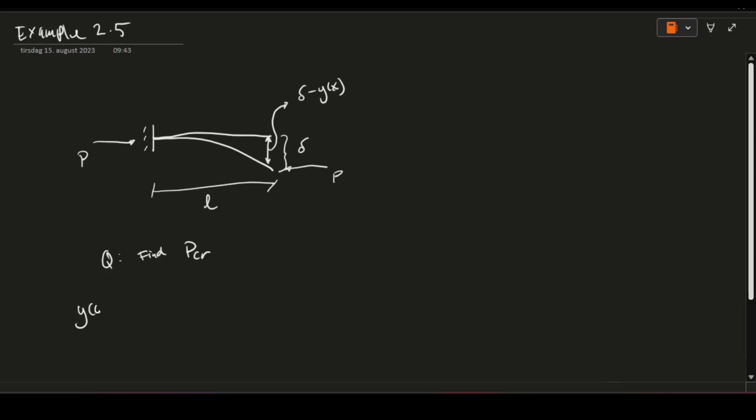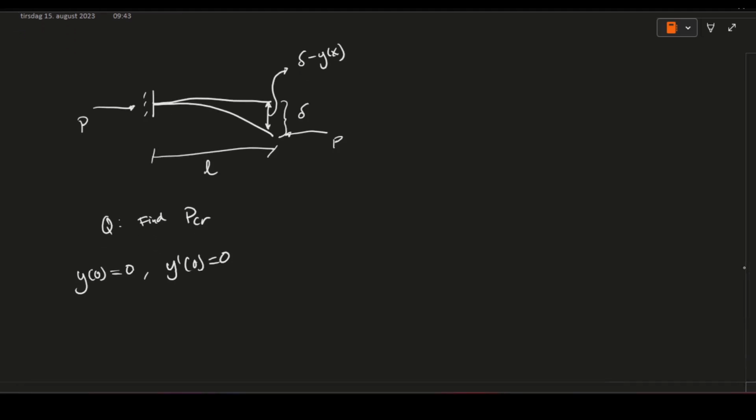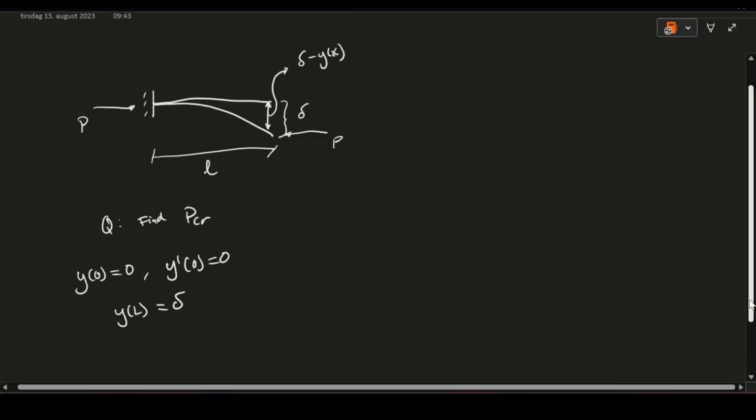We know that y at 0 is equal to 0, and the slope at 0 should also be equal to 0. And we know that y at L is equal to the deflection delta.